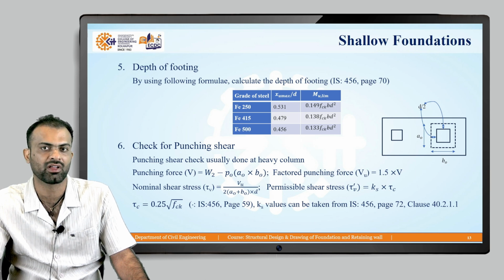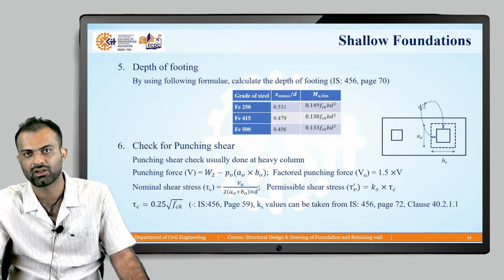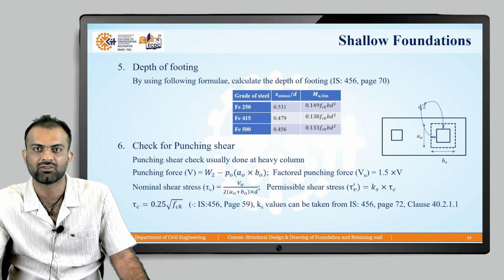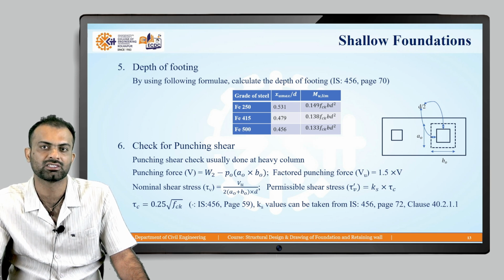is the modification factor, which again we take from IS 456 clause 40.2.1.1. There is a table which gives the relationship between Ks and the depth of the foundation also. From that table we take the Ks value and calculate the permissible shear stress.